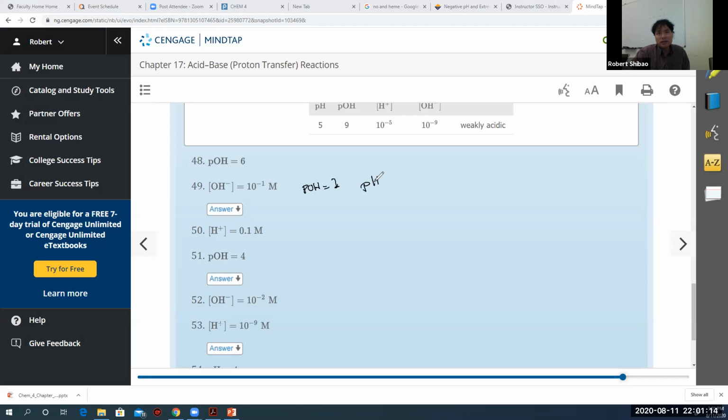That means the pH is 13. A pH of 13 is strongly basic. Strong base. Which means the hydrogen ion concentration is equal to 10 to the minus 13 molar.